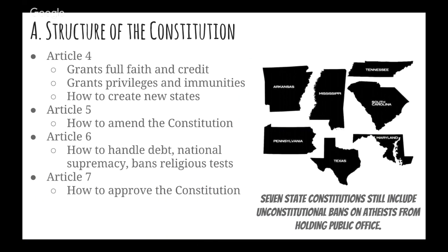If you have a driver's license in Missouri and you go over to Illinois, Illinois is still going to recognize that you're a safe driver, that you're a competent driver, no matter where your driver's license is from in the United States. Another clause is the Privileges and Immunities Clause, and this states that any state cannot discriminate or give special privileges to somebody just because of a state that they're from.